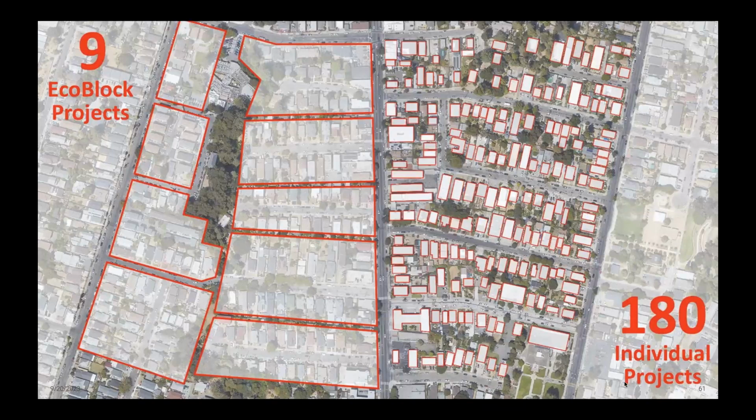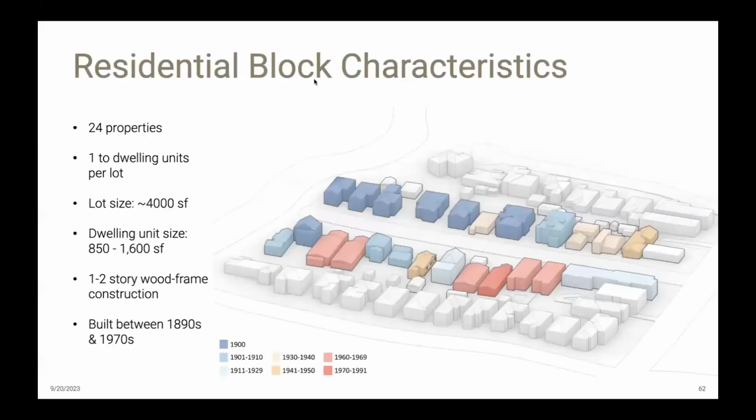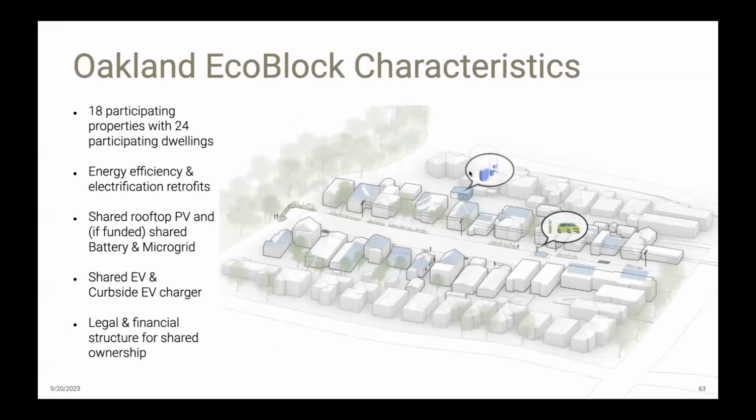So next. The characteristics of our existing residential block are typical of those throughout Oakland. The buildings are a collection of relatively small 1- and 2-story wood-framed residences constructed between about the early 1900s and the 1980s. Next. What will transform this block into an eco block are improving this collection of buildings through energy efficiency upgrades and electrification retrofits.